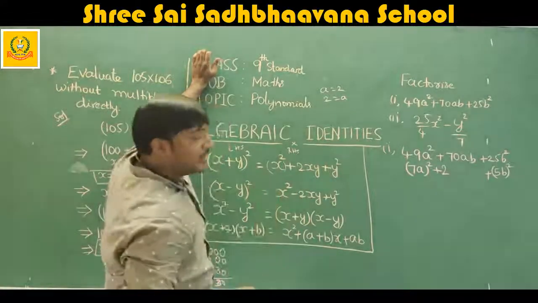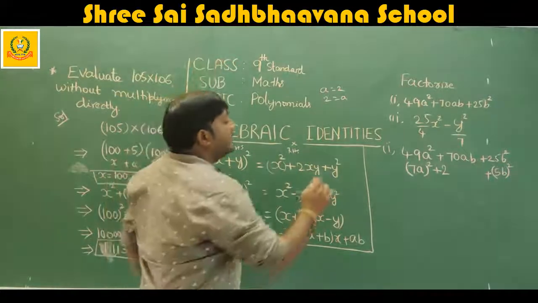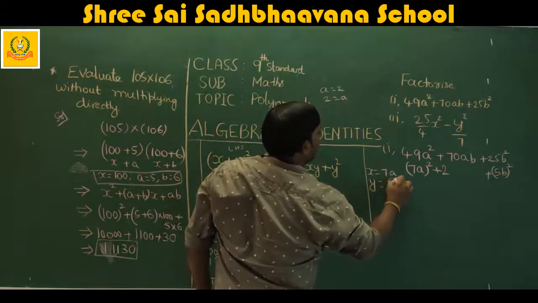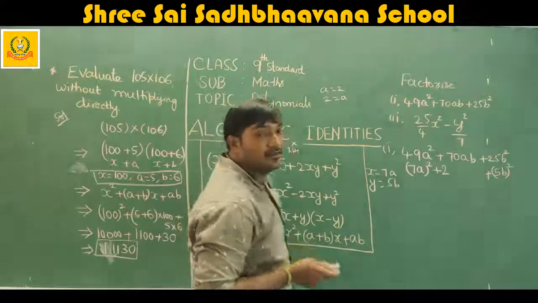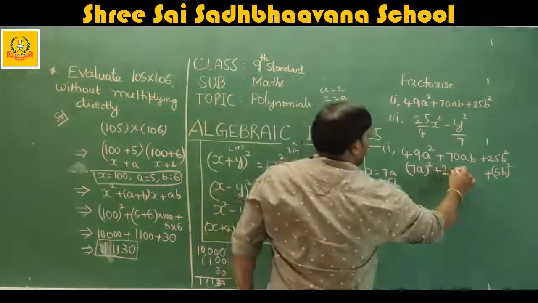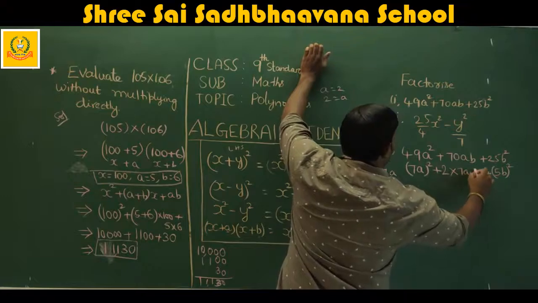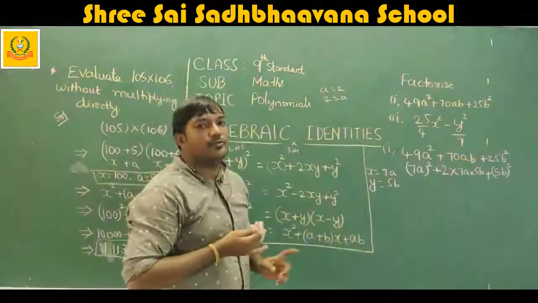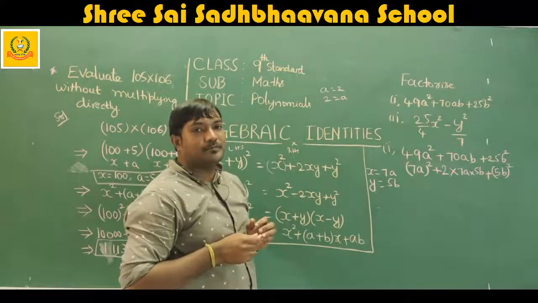So (5b) whole square, and here y square. So y value we got. What is x here? x is 7a. y is 5b. Correct? So if that is the case, 2 into x into y, just substitute. x is 7a, y is 5b. You multiply 2 into 7a into 5b, obviously you will get 70ab.